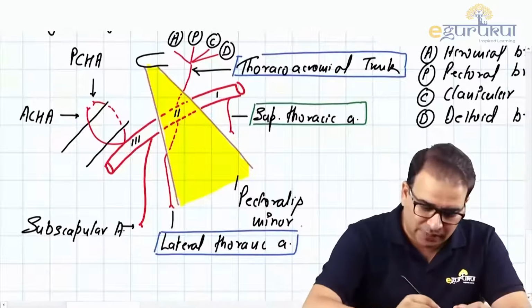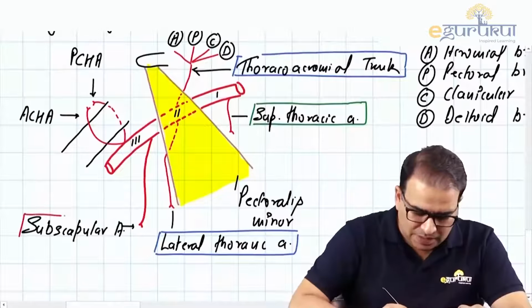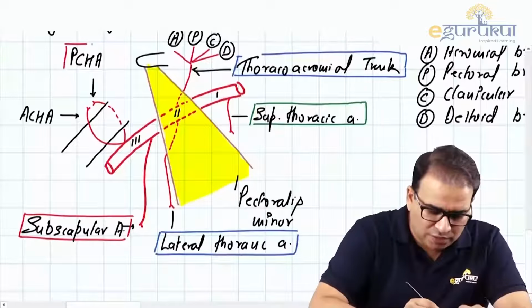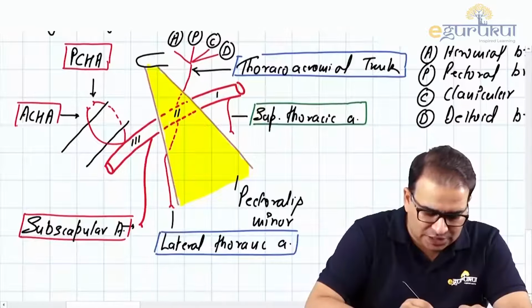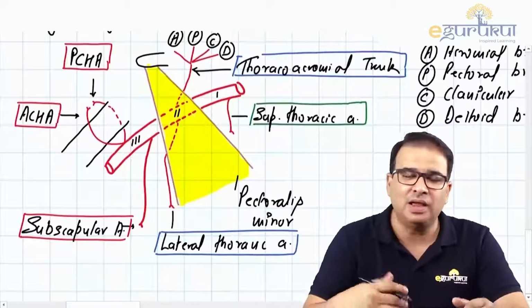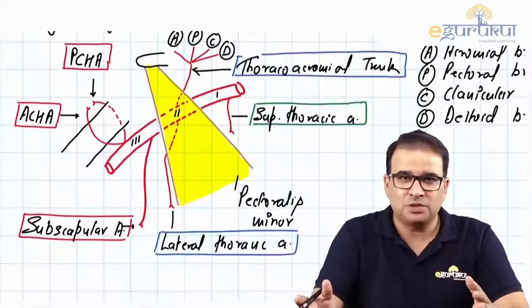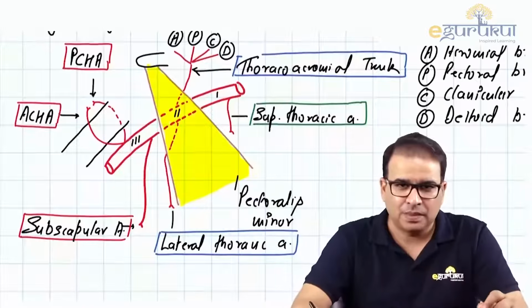Third part, 3 branches. Subscapular artery being the largest branch. I'll tell you more about it. And then we have the 2 arteries which are winding around the surgical neck of humerus, that is ACHA and PCHA, anterior circumflex humeral artery and posterior circumflex humeral artery. So 1 branch from first part, 2 branches from second part and 3 branches from third part of axillary artery.